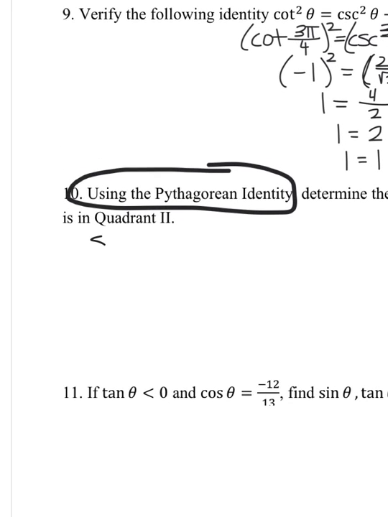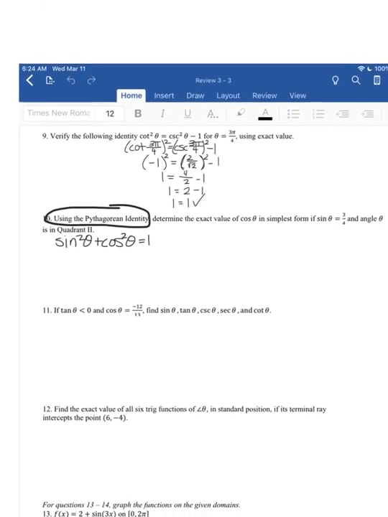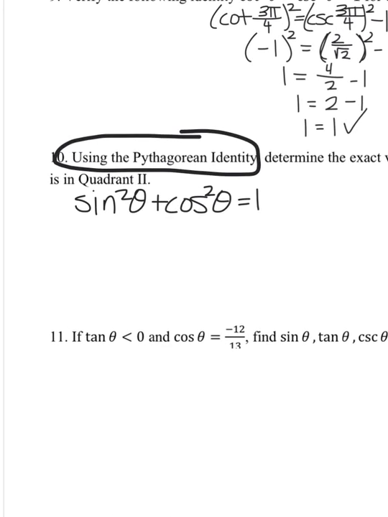The Pythagorean identity says that sine squared theta plus cosine squared theta is equal to 1. And it gives you that sine of theta is 3/4. So we have 3/4 in for sine of theta, squared, plus cosine squared theta equals 1.